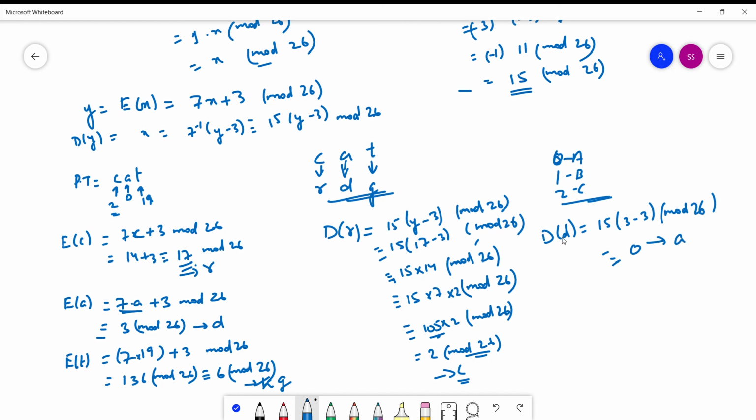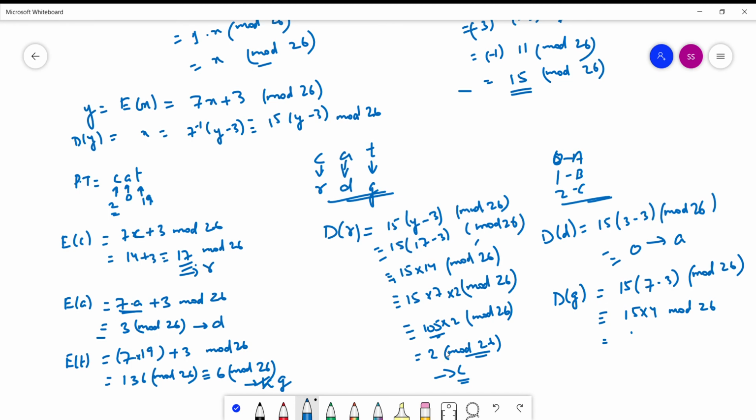So D is decrypted to A, and the last one is decryption of G. So value of G is 7, right? So I will write 15 into y, which is equal to 7 minus 3 mod 26. Correct? I can write it as 15 into 4 mod 26. Okay, so 15 into 4 is, sorry, I made a mistake.